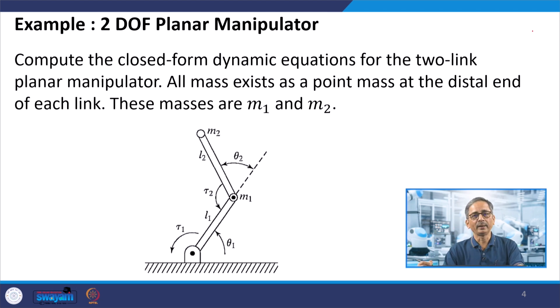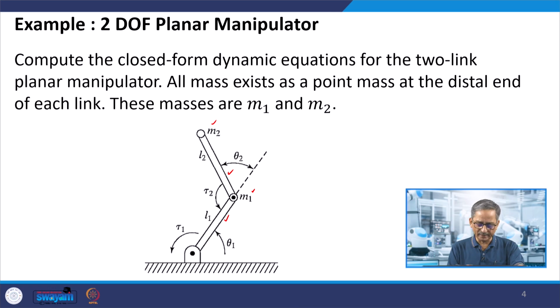So, let us take this example. This is the simplest example possible. Suppose this is a two-link manipulator with point masses M1 and M2. I am taking the point mass assumption so that our inertia tensor is a null matrix.